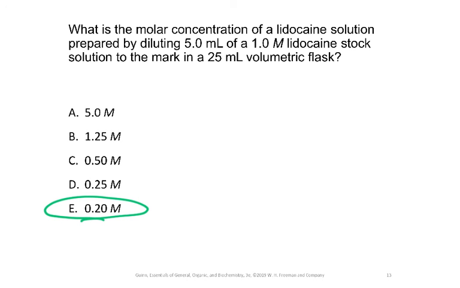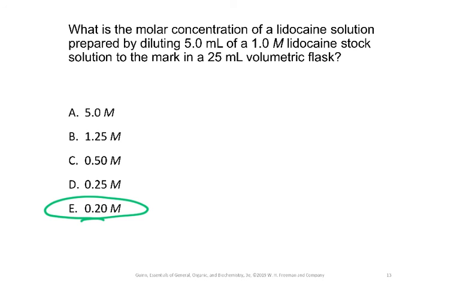And the answer is 0.2 molar. So maybe conceptually you could say, well, look, we're going to go from 5 milliliters to 25 milliliters. So the volume will increase by a factor of 5. So the concentration must decrease by a factor of 5. And so we get 0.2.